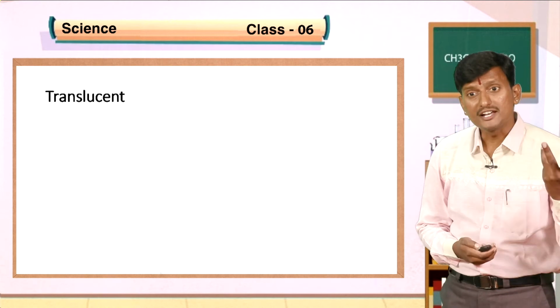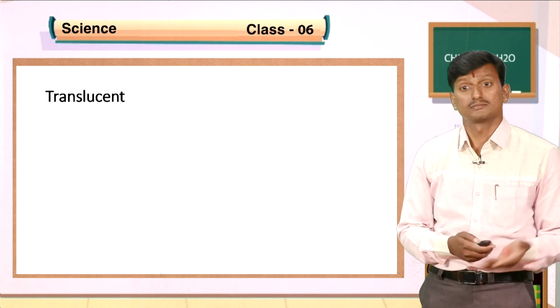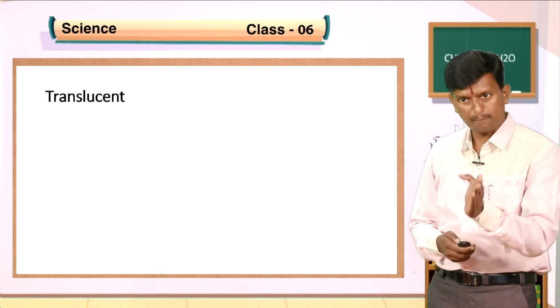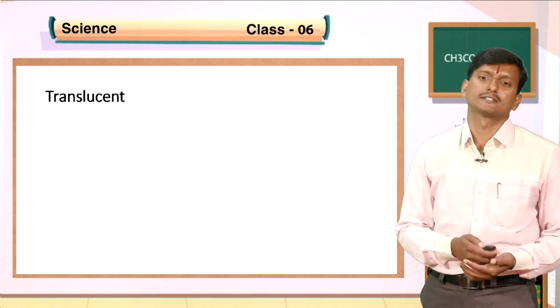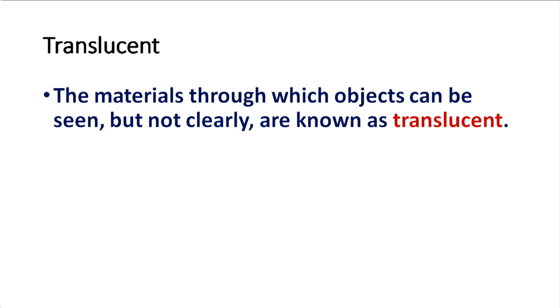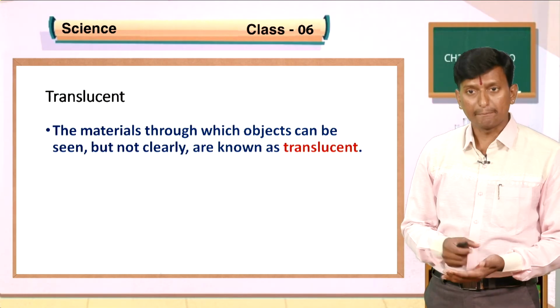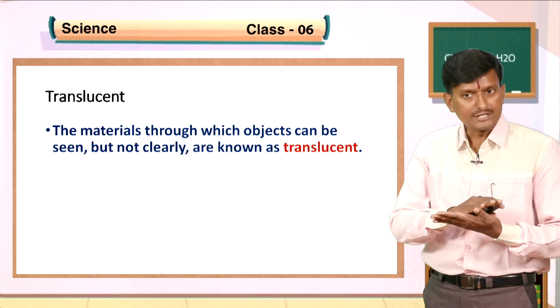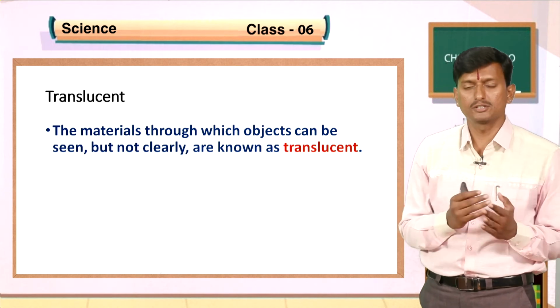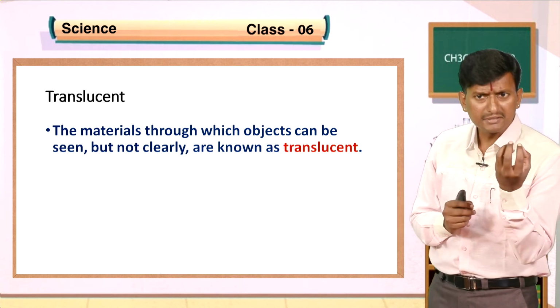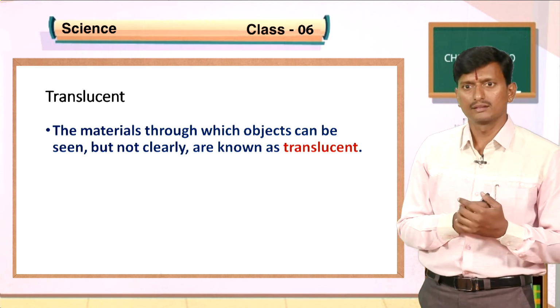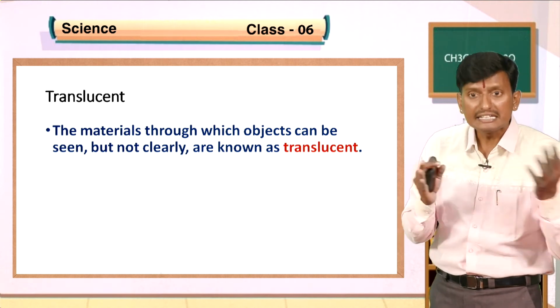Then what are translucent materials? Transparent, opaque and translucent. The materials through which objects can be seen but not clearly are known as translucent substances. If I apply oil on a plastic cover and see through it, I will see a blurred object in front of me, that is, we cannot see clearly.